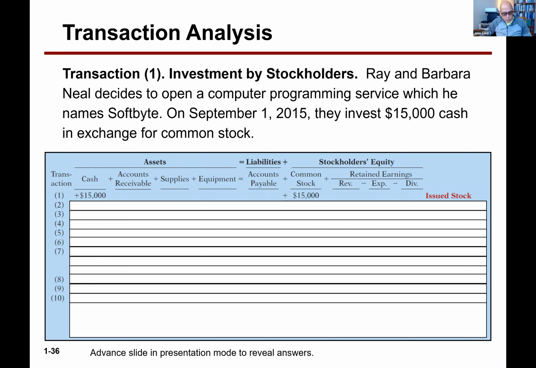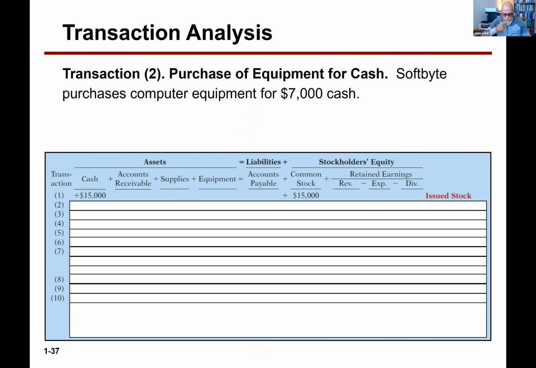Okay, good. Now we come over and take a look at this next transaction. Got our first transaction done. And now SoftBite, notice it's not Ray and Barbara anymore, it's now the corporation, goes and purchases computer equipment for $7,000 cash. Could be a manager deciding, hey, I'm going to need a computer, and they've given me authority to purchase equipment, right?